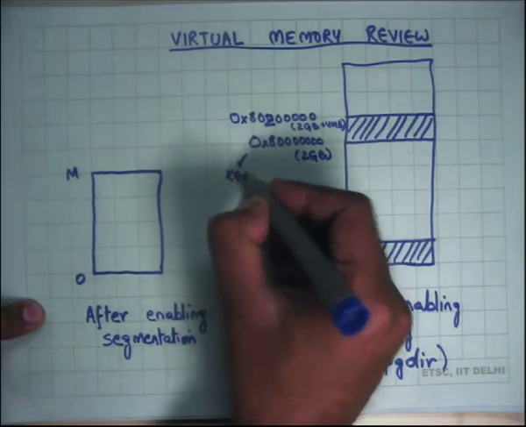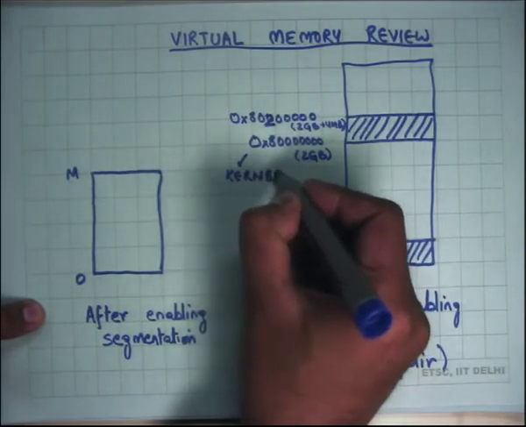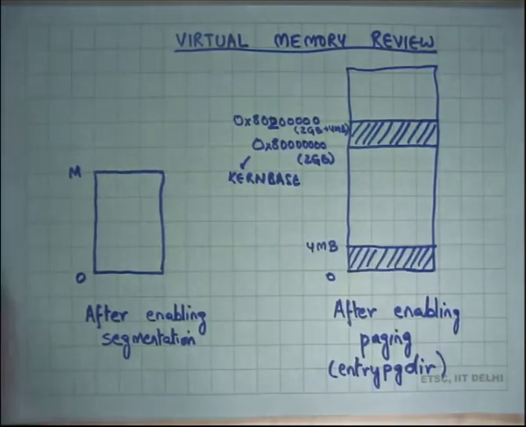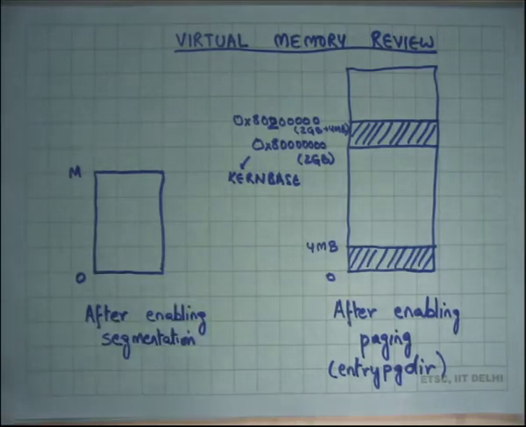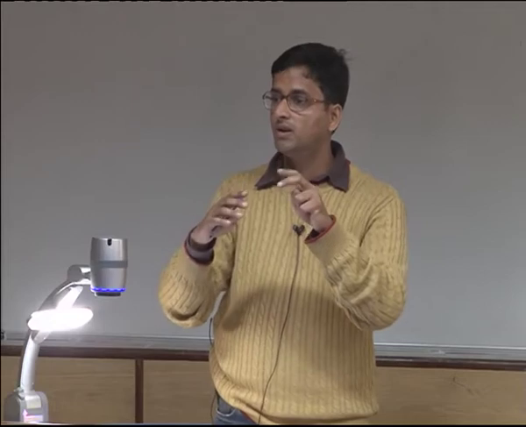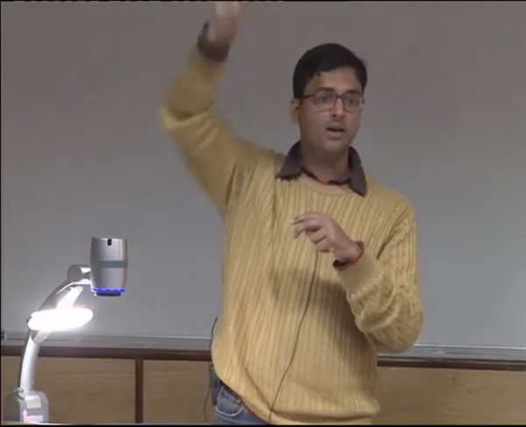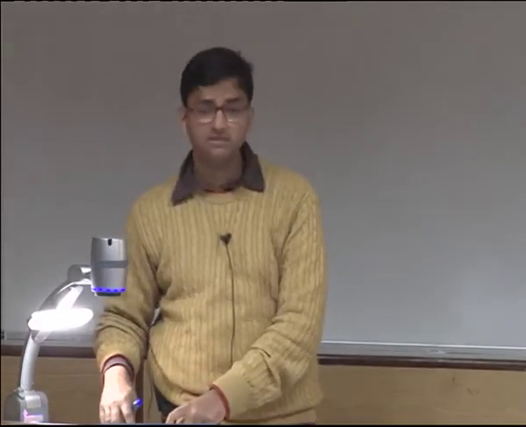In our code, this is called the kernel base, right? So all the symbols in our image have addresses above kern base, or above 2 GB. So anytime I dereference a symbol within my kernel code, I am going to be trying to access a region above 2 GB. But in this address space, it's not possible, right?